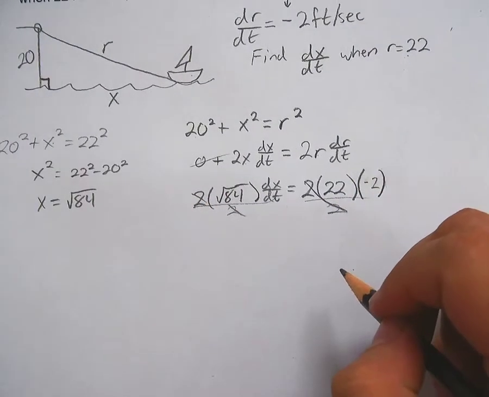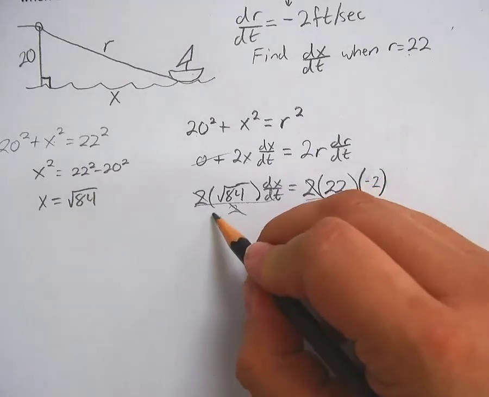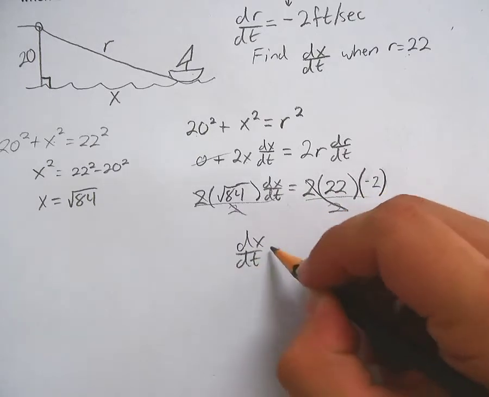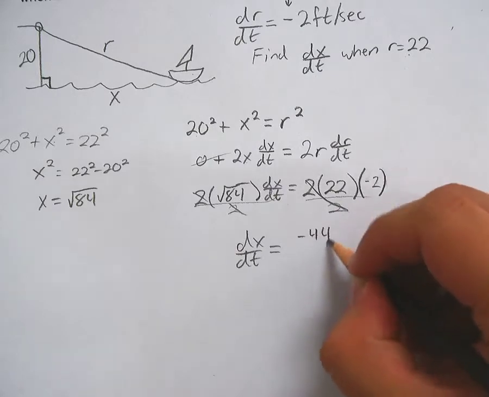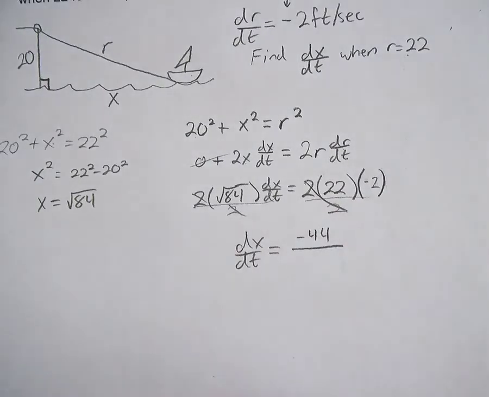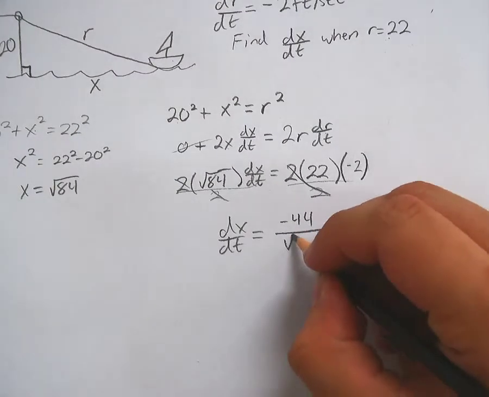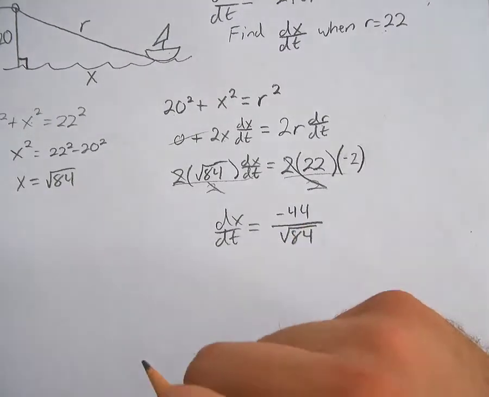The square root of 84 we can simplify, but I don't need to. So now let's divide by the square root of 84. We have dx/dt is equal to, this will be -44, divided by the square root of 84.